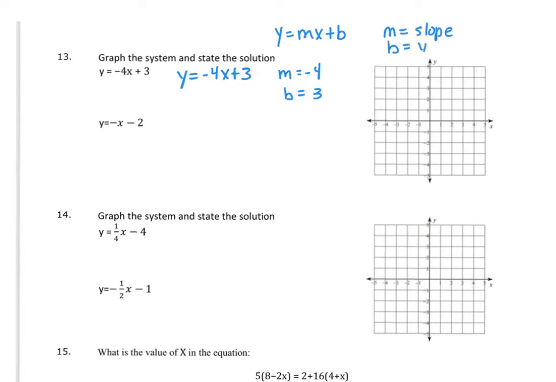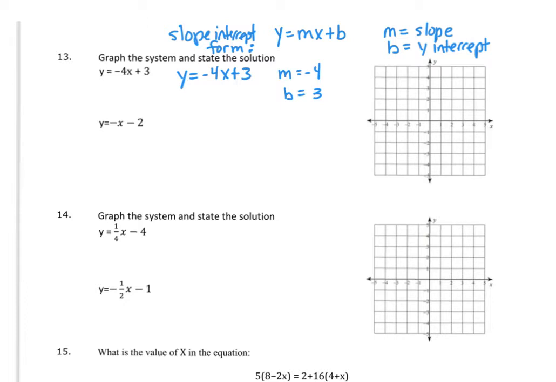Again, this is called slope-intercept form. You will be given this form on your formula sheet for your test, and it's also an open note test, so you should have this written down.